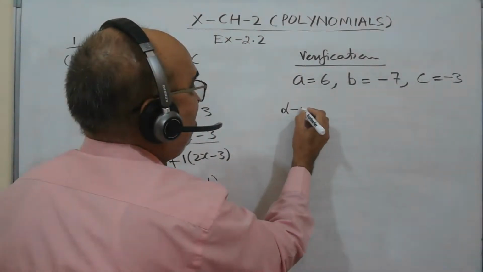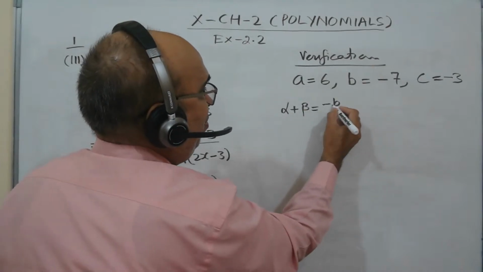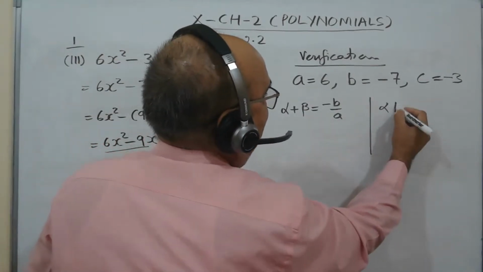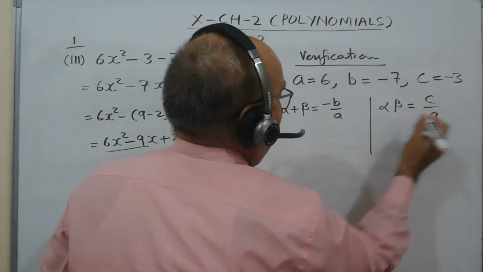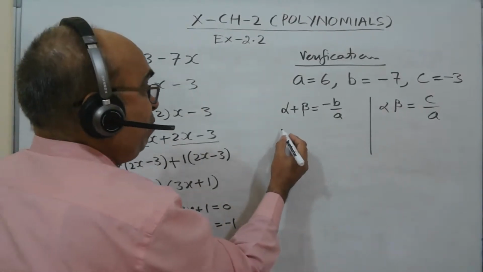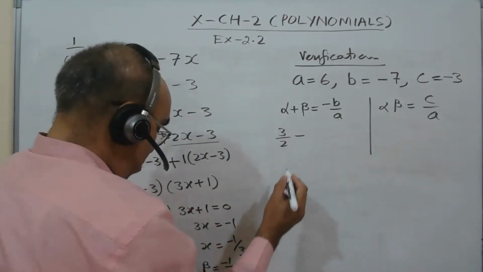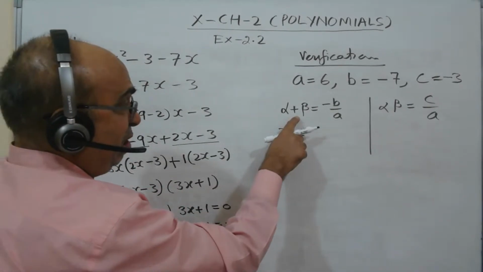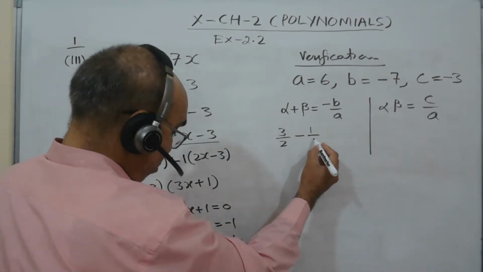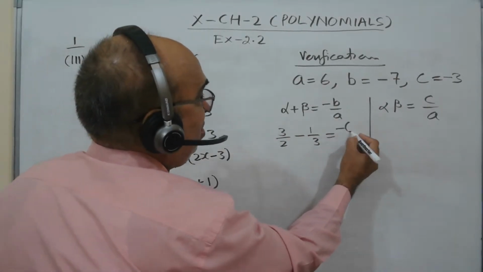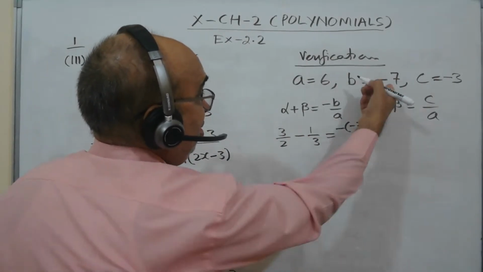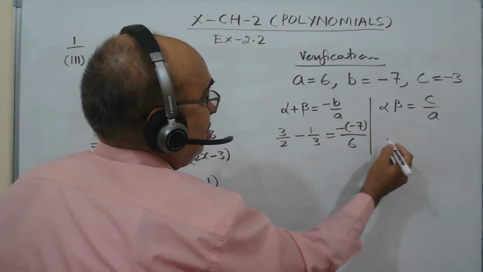Now alpha plus beta is minus b by a, alpha beta is c by a. Alpha is 3 by 2, beta is minus 1 by 3. Minus b means minus of minus 7, by 6.